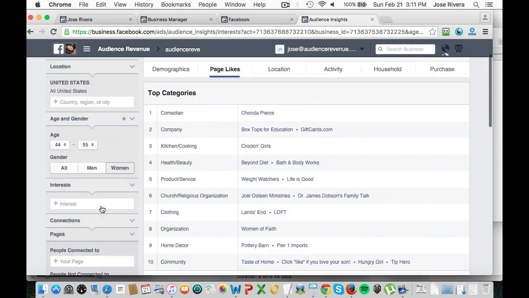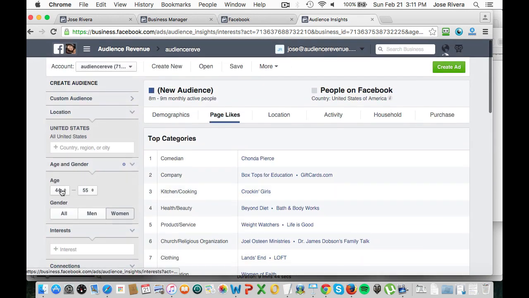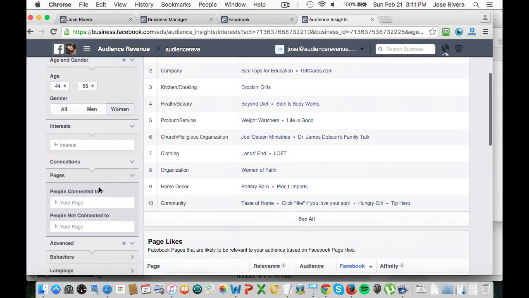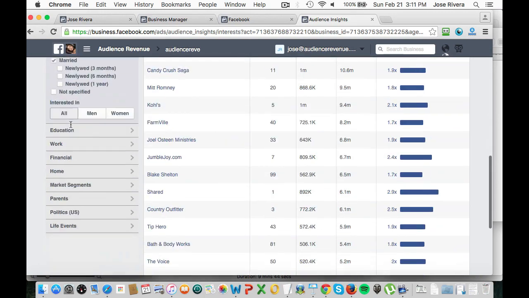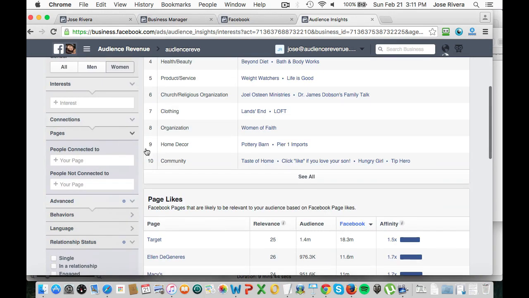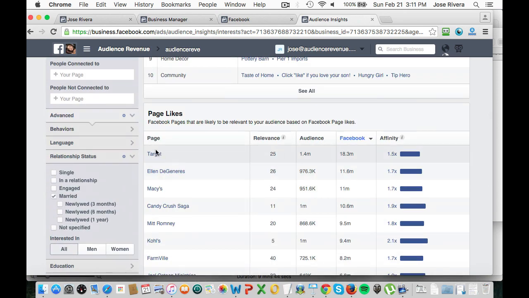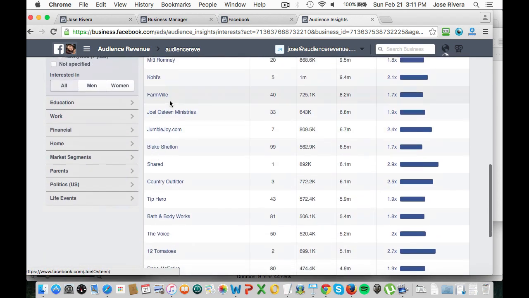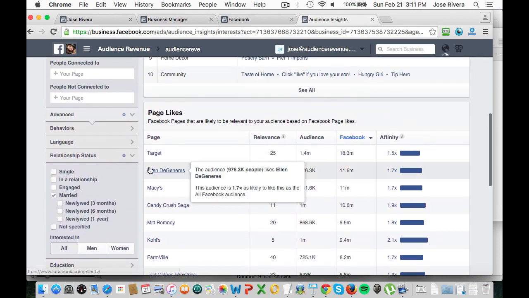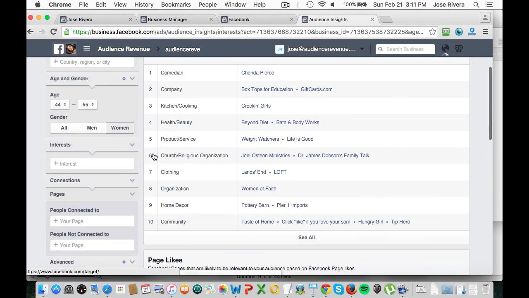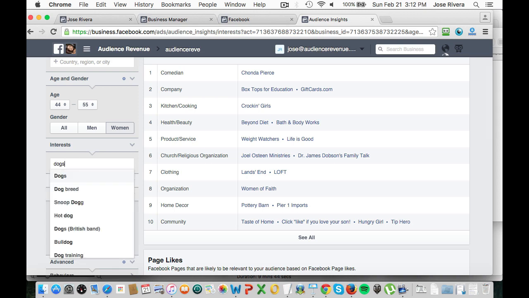So here's some interesting things. Women between 45 and 55, and maybe I would put somewhere in the Midwest, because of the country living. But you can see some of the websites that they visit, right? Oh man, I have great ads for this. Attention Target shoppers, right? And then when I create my ad, I can target people that love, are interested in dogs.